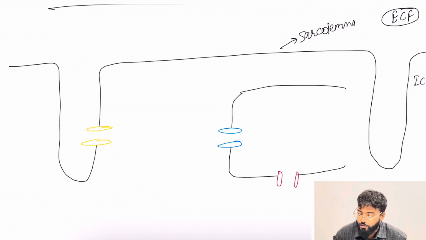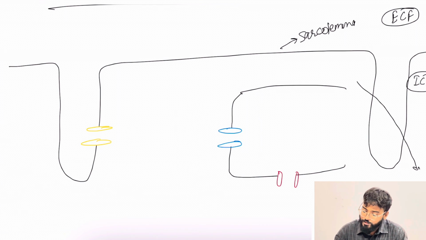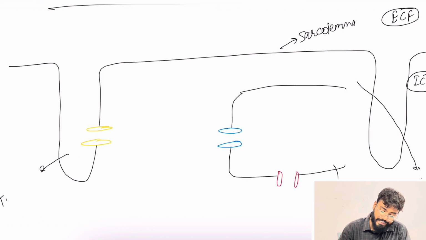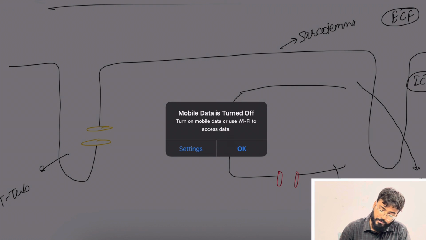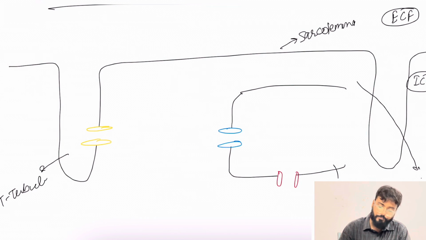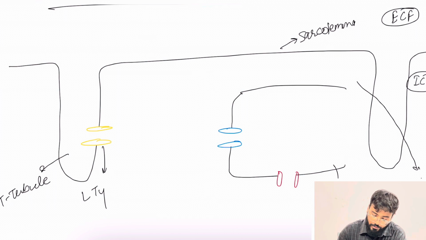This is intracellular fluid or intracellular compartment. Here is your sarcoplasm. This is your sarcoplasmic reticulum. This thing is called T-tubules. This is the T-tubule. Here we have our L-type calcium channels.